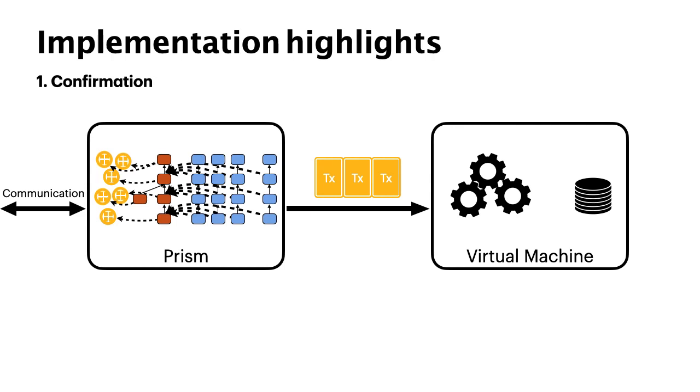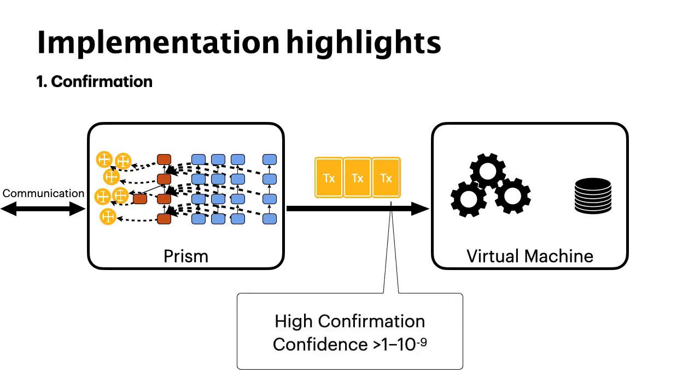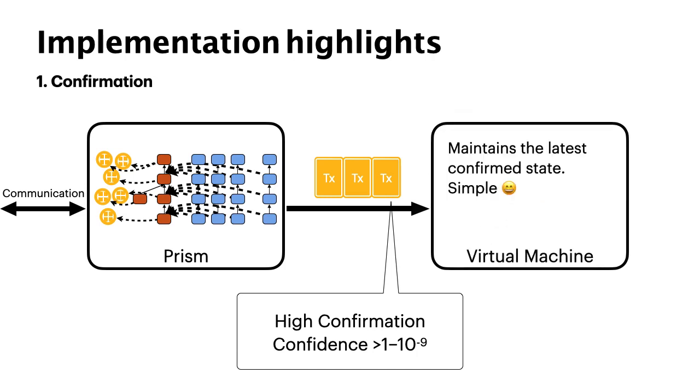Luckily, recall that one advantage of Prism is that it provides a very high confirmation confidence with a relatively low confirmation latency. In our experiment, it can achieve a high confirmation confidence that is greater than 1 minus 10 to the minus 9 power. With this high confidence, it is very unlikely that any transaction is reversed. This means that the implementation of the virtual machine only needs to maintain the latest confirmed state.